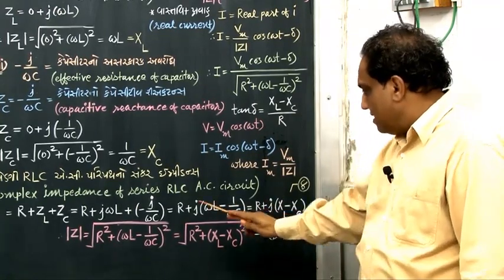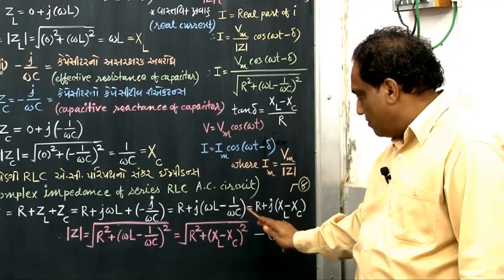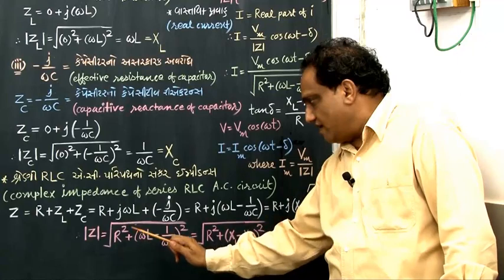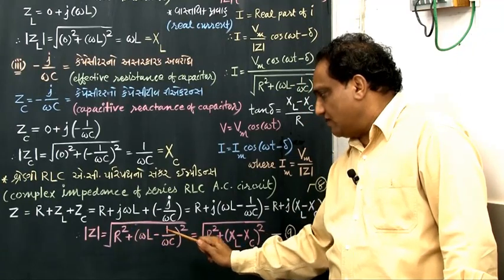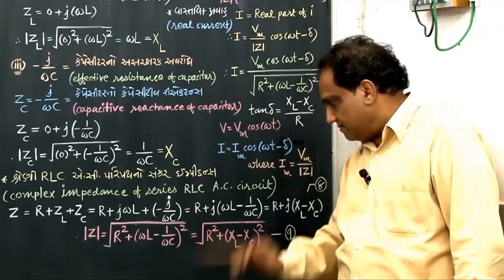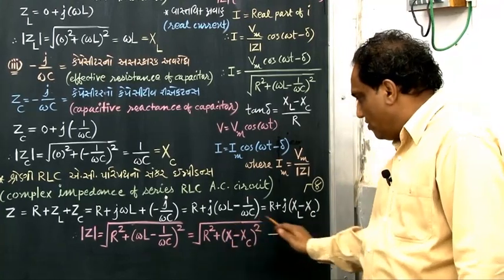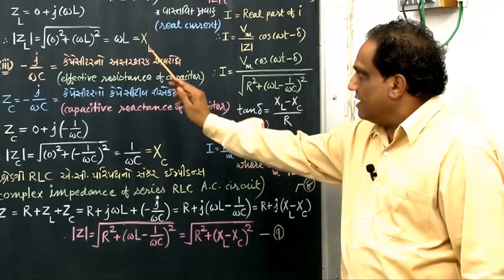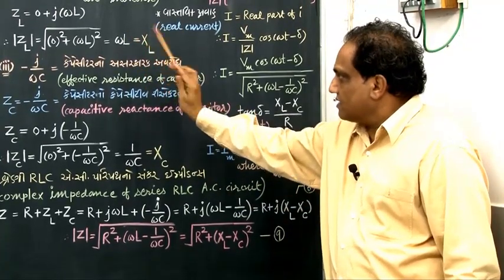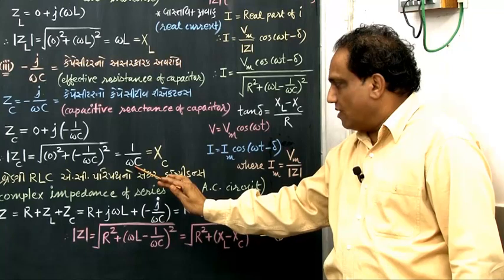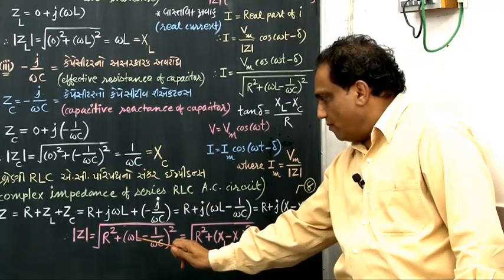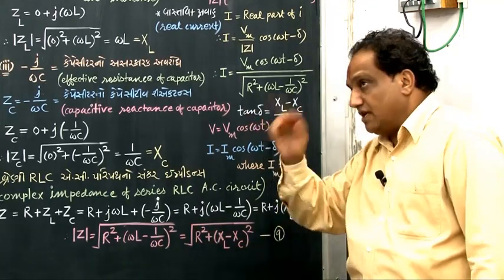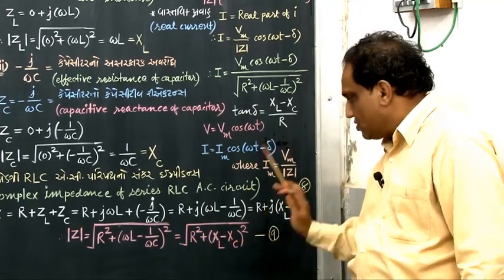The real part is R, the imaginary part is omega L minus 1 upon omega C. So it is under root of R square plus omega L minus 1 upon omega C whole square. And that is equal to under root of R square as it is, but in place of omega L you can write XL, and in place of 1 upon omega C you can write XC, whole square.